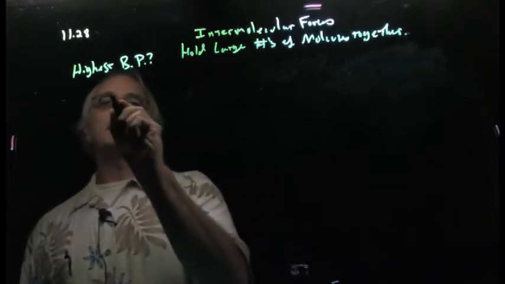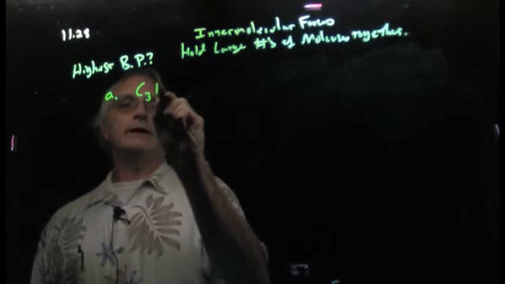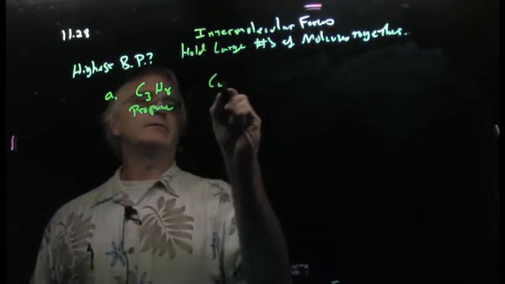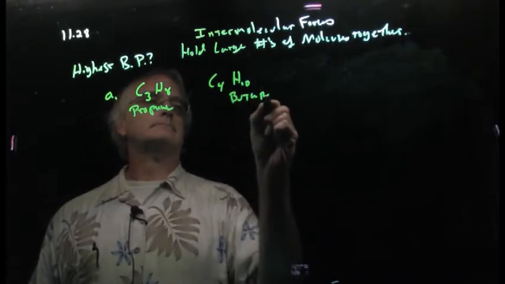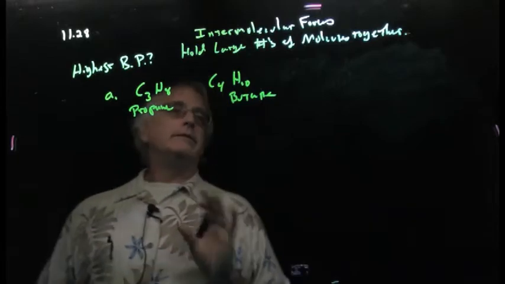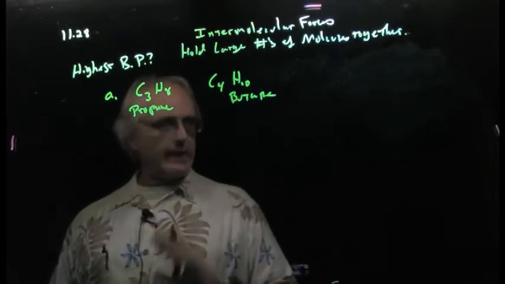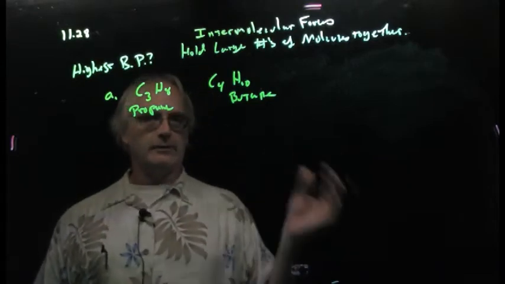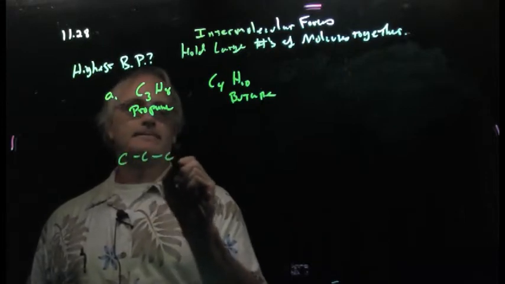So the first set, part A of this problem, they want us to look at C3H8, propane, versus C4H10, butane. Now, what you need to do is look at the molecule, the formula, and probably a good idea to look at the structure, remember its geometry, and decide if the molecule is or isn't polar.